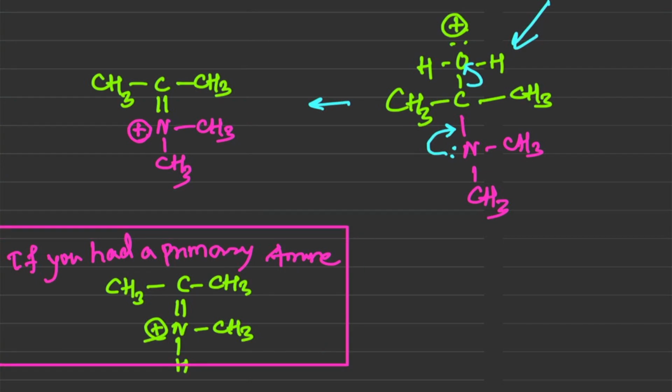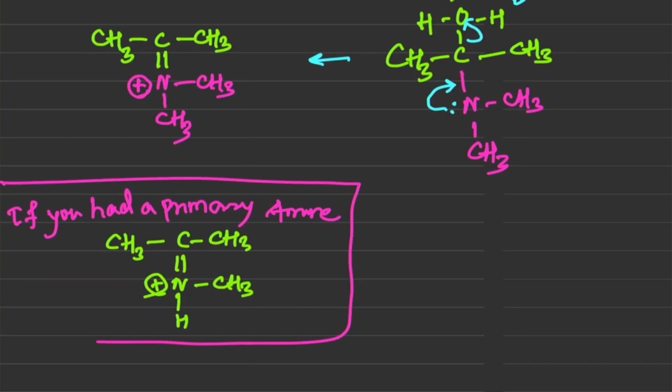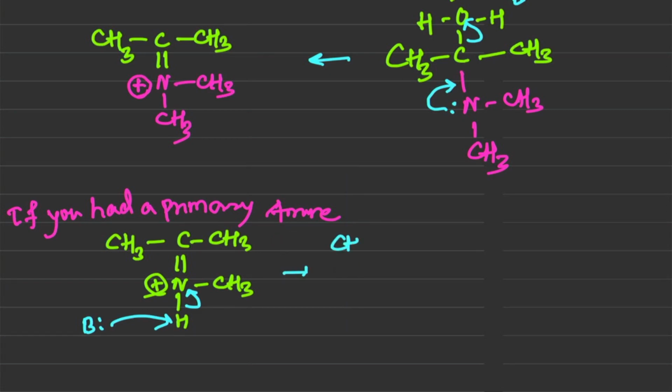Okay, so now this thing, oh no, this looks ugly. If you notice, what's the last step of this mechanism before? All we did was we had a base that abstracted the proton to neutralize the nitrogen, and as a result, we got our amine, CH3, C, CH3, N, CH3.